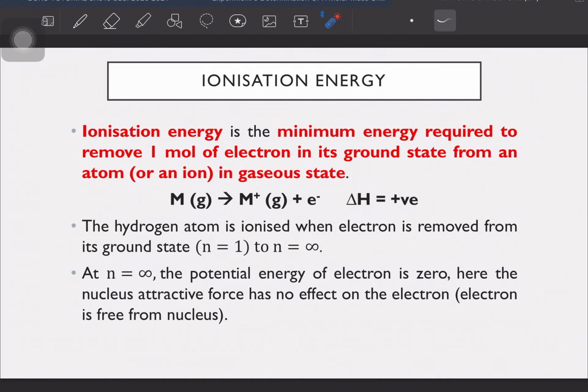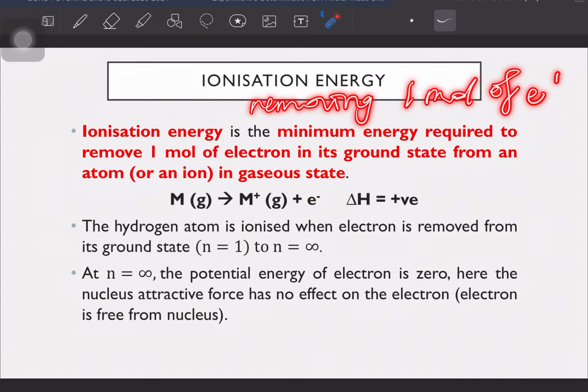Alright guys, so finally we are going to the last part of 2.1, which is ionization energy and the limitations of Bohr's atomic model. So ionization energy, I think you still remember that ionizing means you are removing 1 mole of electron, kan?